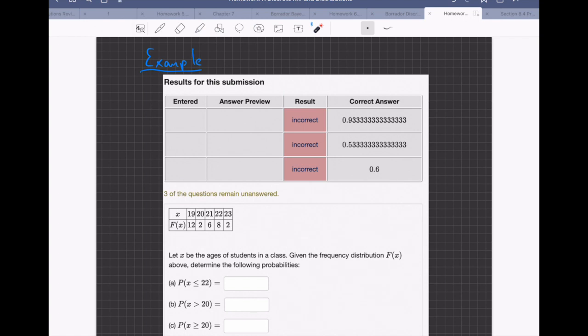All right, let's see one example. It says here, let x be the ages of the students in a class. Given the frequency distribution, we don't have exactly the probabilities, but we have the frequencies, so we can compute the probabilities. Given F of x above, determine the following probabilities. For example, what is the probability that x is less or equal than 22?